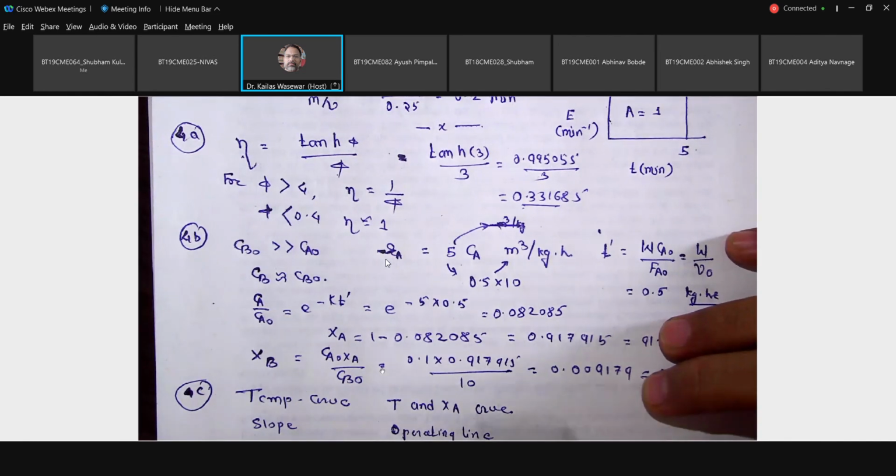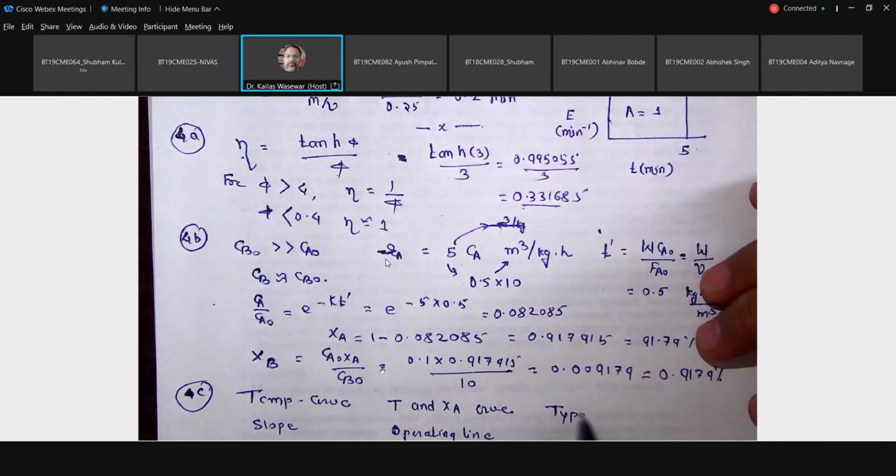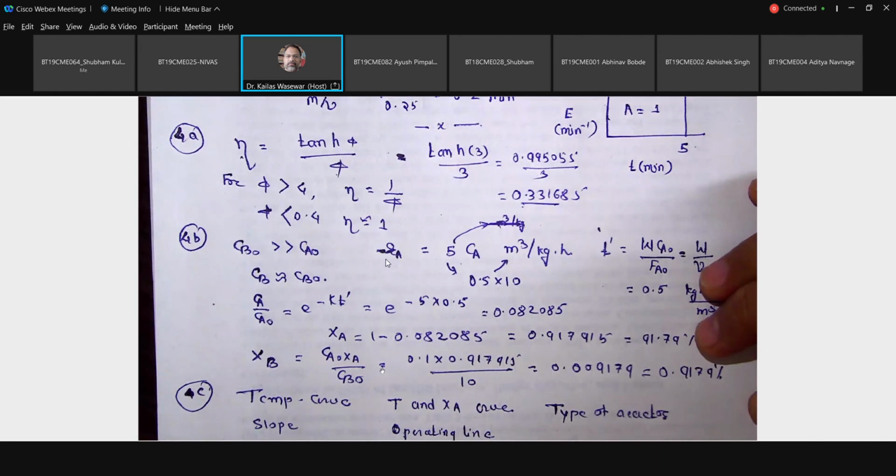That means the type of reactor. Then based on the inlet and outlet temperature of the feed and product, we can decide the heat duty, whether there will be cooling or heating. Based on the type of the reactor, we can find out the weight of the catalyst.